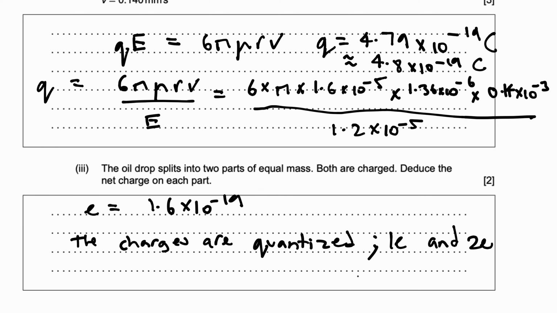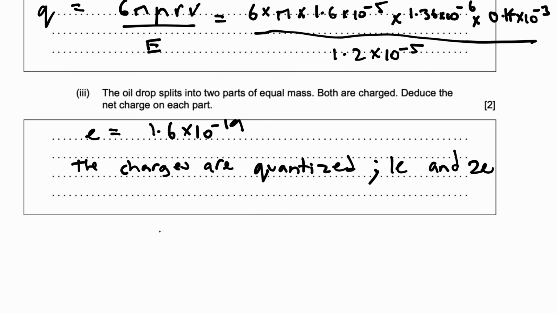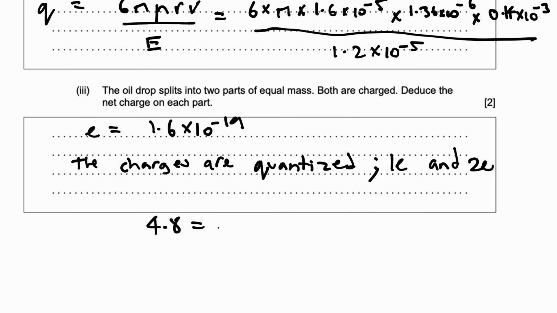Why? Because I know that 4.8 is equal to 1.6 times 3, and because they are two parts, it needs to be in a 1:2 ratio, because both need to be a multiple of 1.6, and so I can say that the charges will be 1e and 2e respectively.